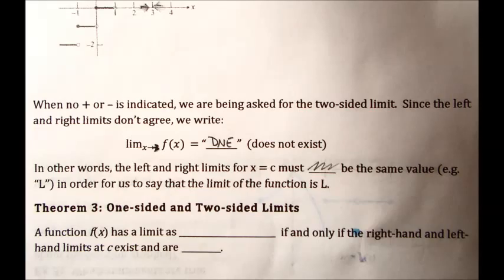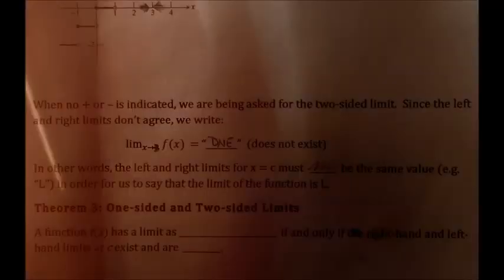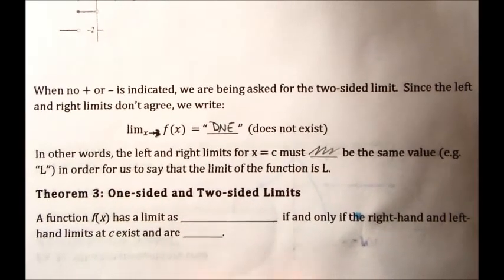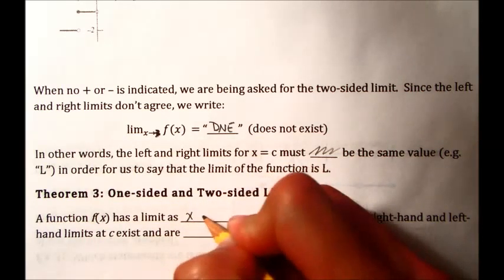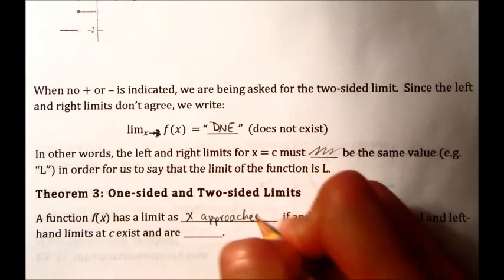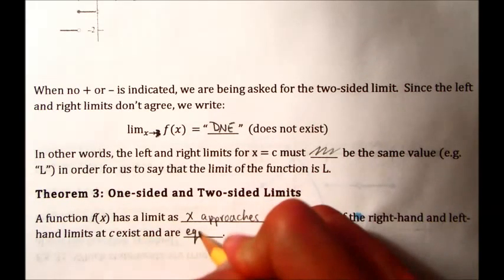Okay, let's take a look at one-sided and two-sided limits. This theorem down at the bottom: the function has a limit as x approaches c if and only if the right-hand limit and left-hand limit at c exist and are equal.